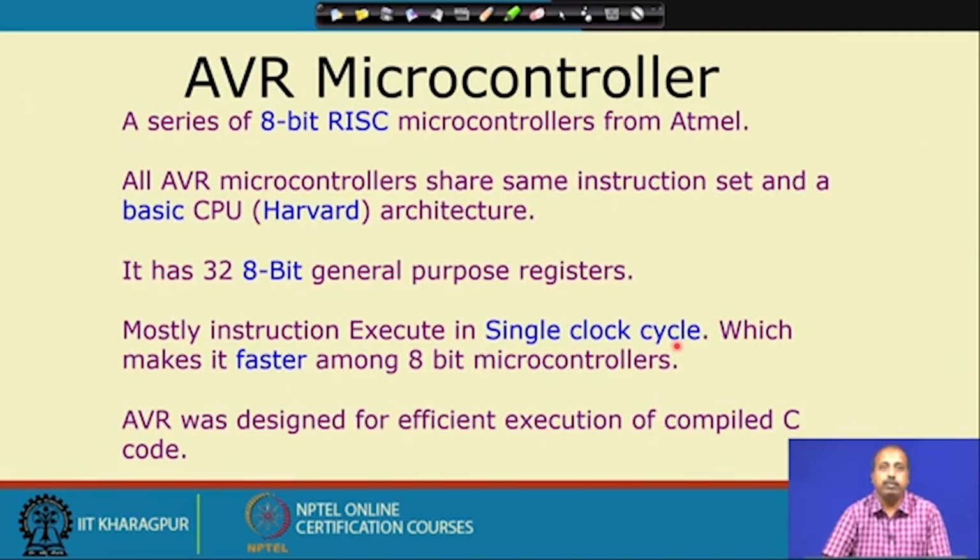Now, these AVR microcontrollers are a series of 8-bit RISC microcontrollers from Atmel. Unlike ARM, which is a 32-bit RISC architecture, AVR is an 8-bit RISC architecture. So naturally the structure is going to be much simpler.